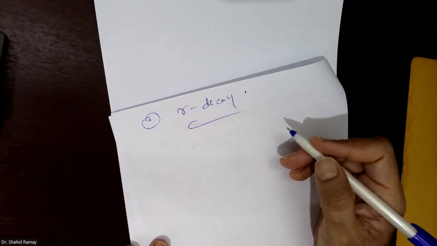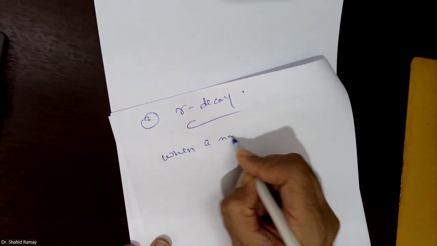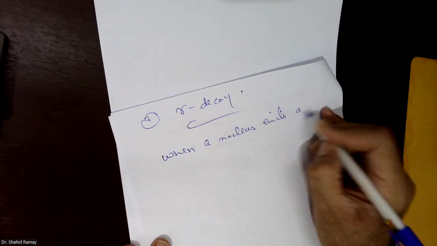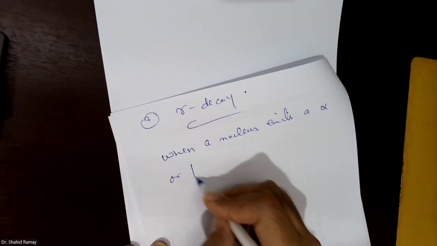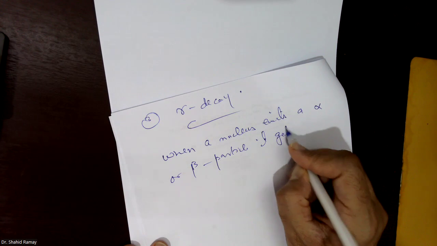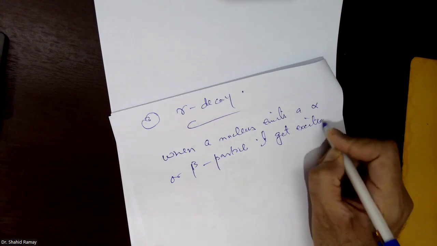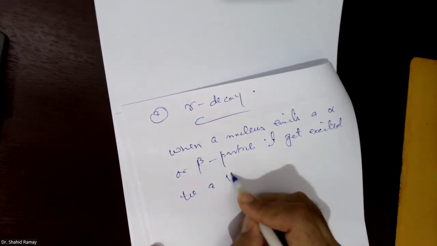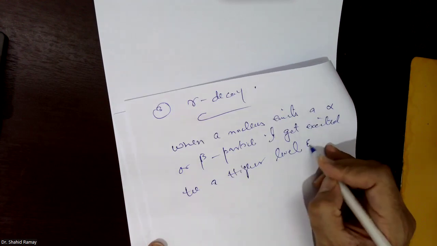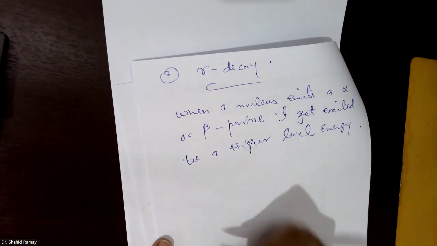In gamma decay, and this is important, when a nucleus emits an alpha or beta particle, it gets excited to a higher energy level, and that is called the excited state.